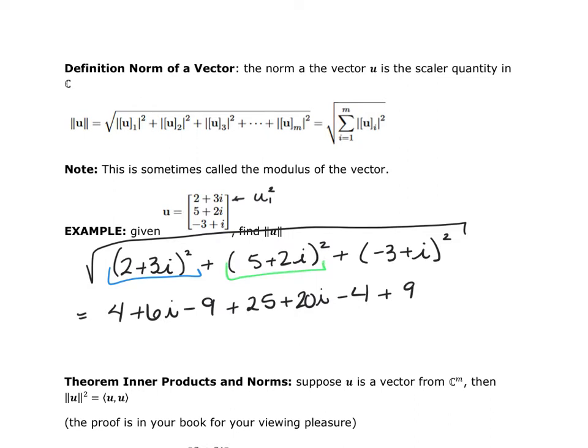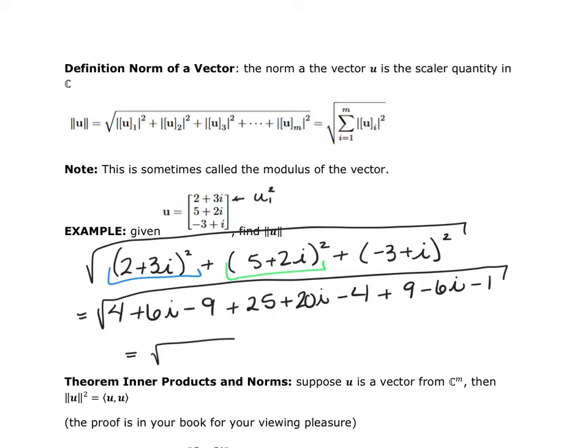And then plus 9 minus 6i minus 1. This is all underneath the square root. And when I add up like terms, I'm going to get 26, that's my real part, plus 20i. And there is the norm.